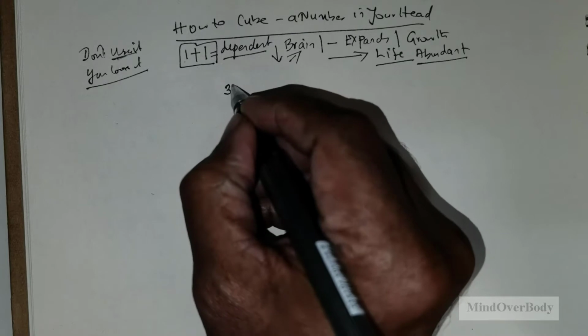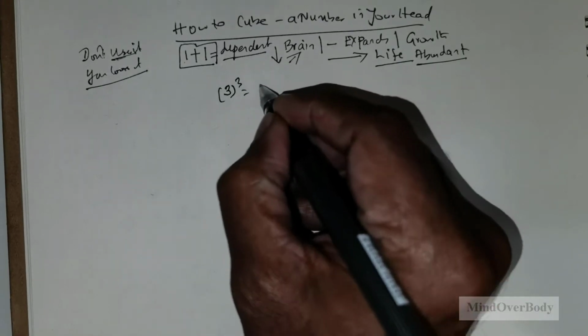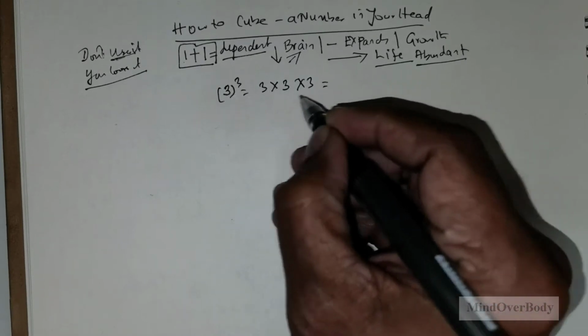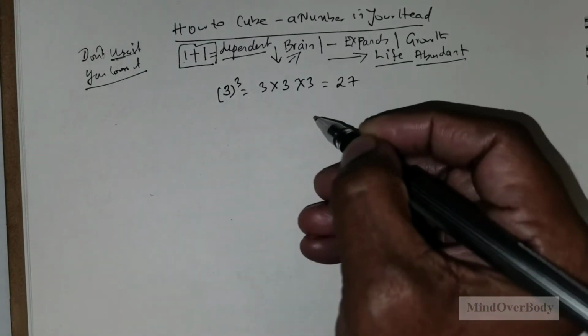Now, if I were given 3 cubed, I know I need to multiply 3 three times, so that would give me 27.